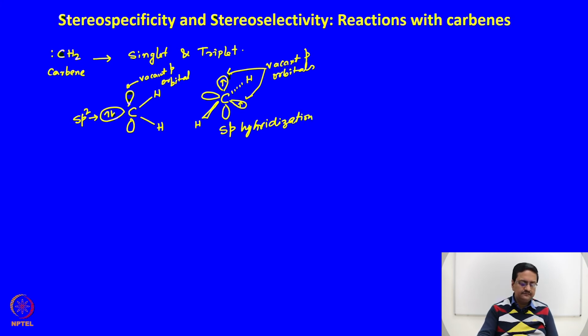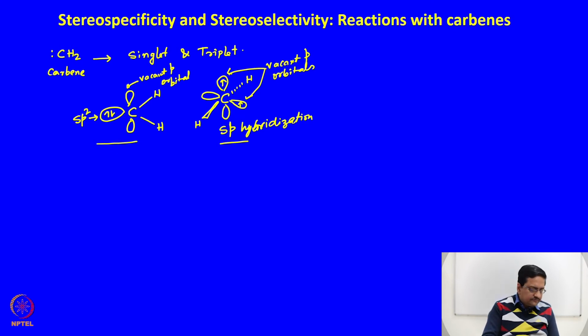So you see the two carbenes are structurally different, and as a result of the structural difference, these two carbenes react differently with the alkene.